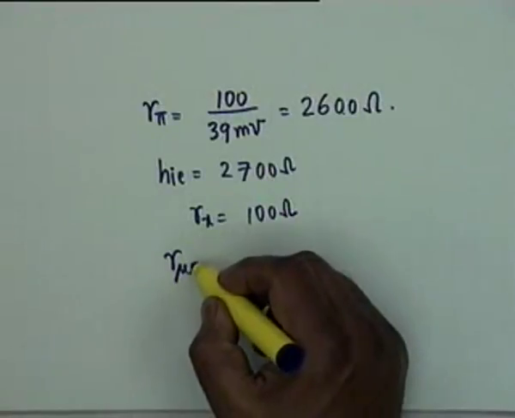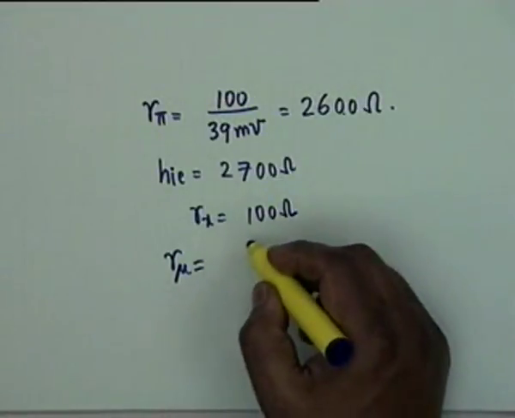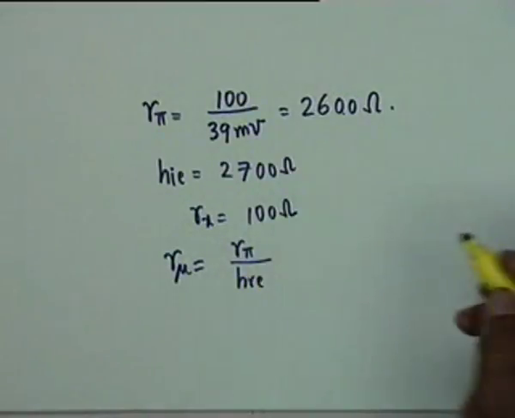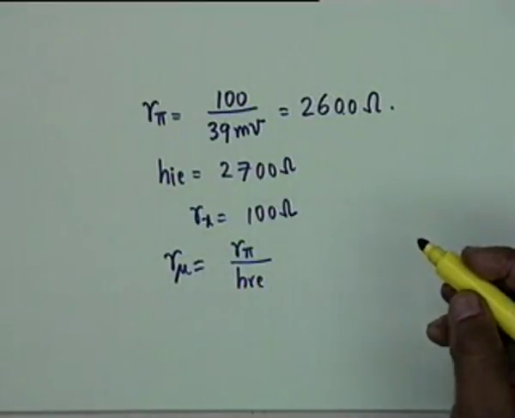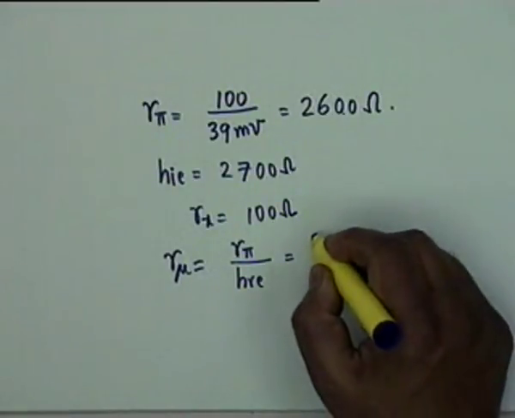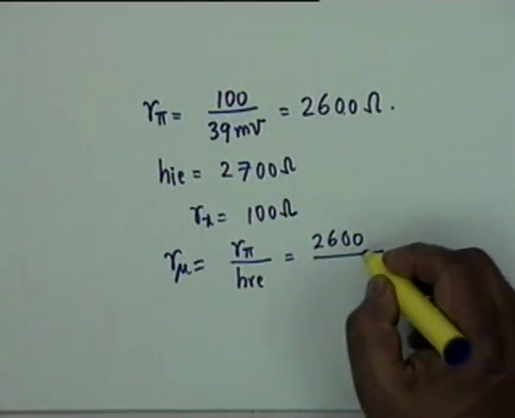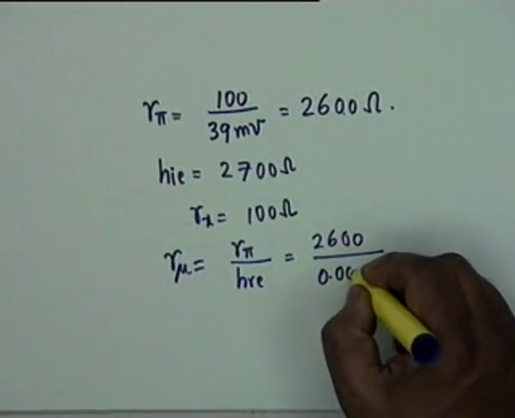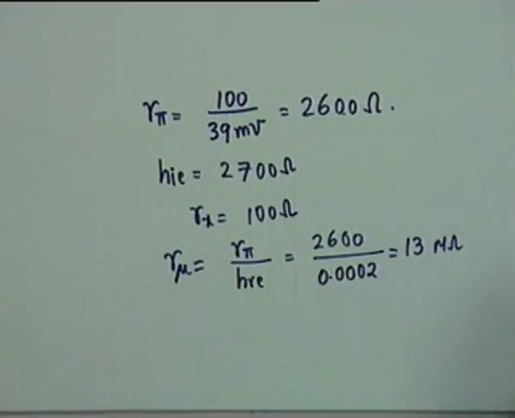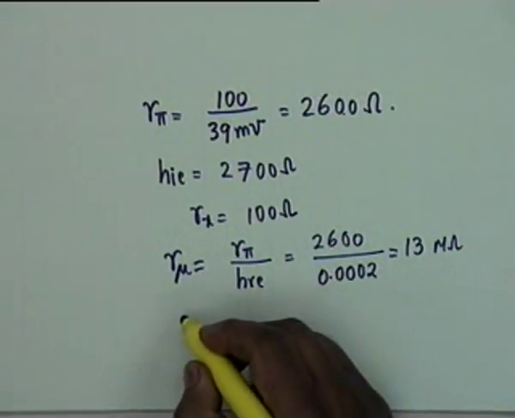R mu, you can show, is R pi divided by HRE, from those relationships, and this is equal to 2600 divided by 0.0002, and this comes out as 13 meg, can be safely ignored in circuit calculation.